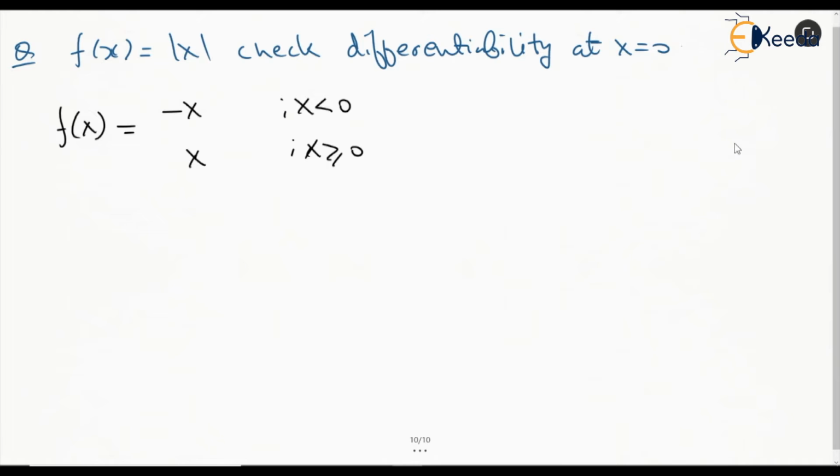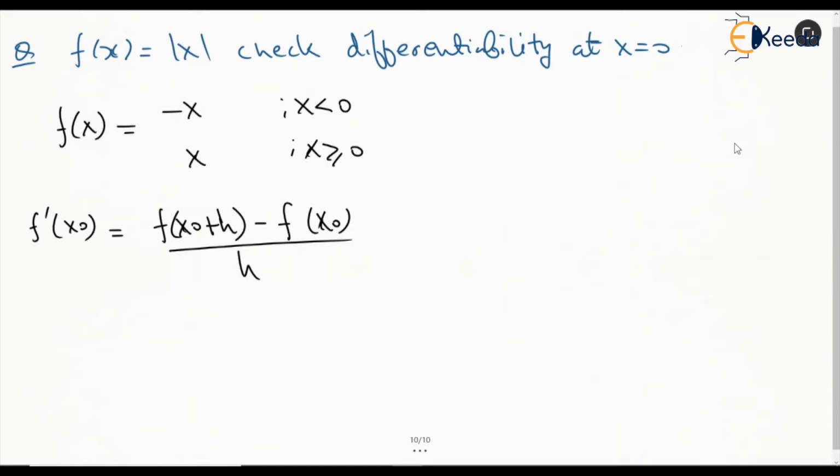So derivative f dash of x naught will be f of x naught plus h minus f of x naught divided by h, where h tends to 0. The point at which we have to check is 0, and this is nothing but x naught.